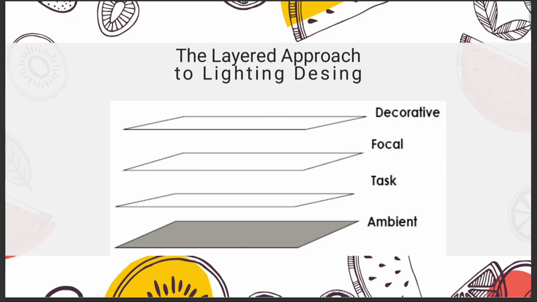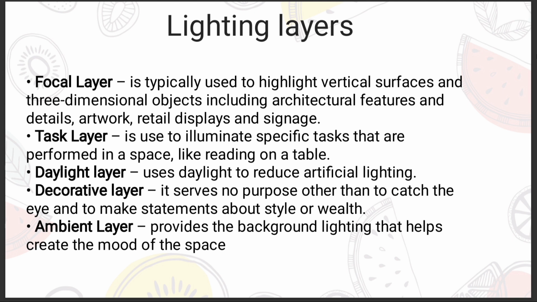Now, let's go with the lighting layers. Focal layer is typically used to highlight vertical surfaces and three-dimensional objects including architectural features and details, artwork, retail displays, and signage. Task layer is used to illuminate specific tasks that are performed in a space, like reading on a table.